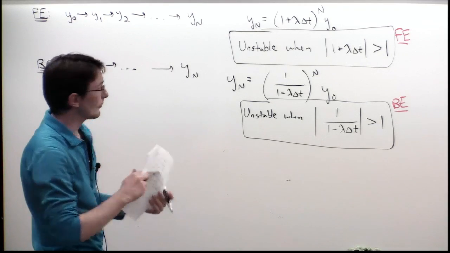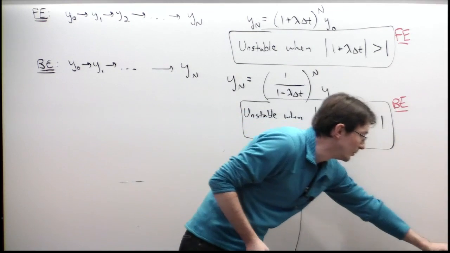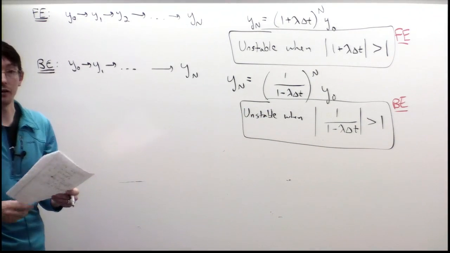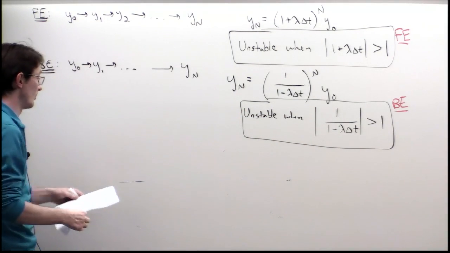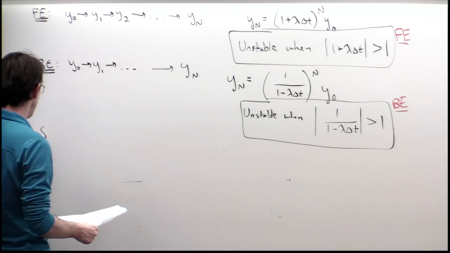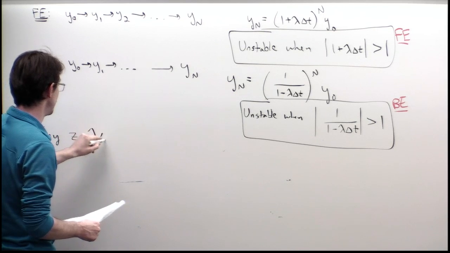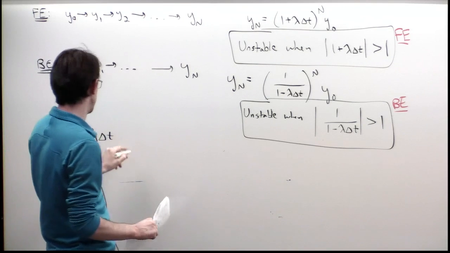This is a cool picture that people like to draw. If you are an aerospace engineer, you may have seen plots like this before in the complex plane. What we're going to do is say that z equals lambda delta t is a complex number.